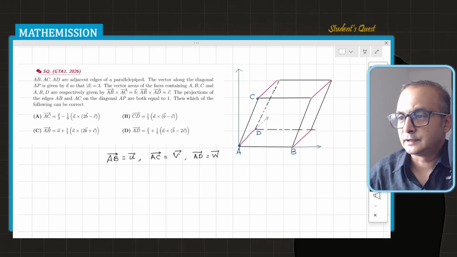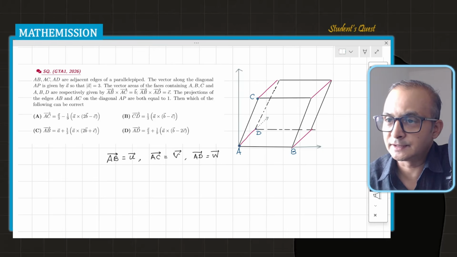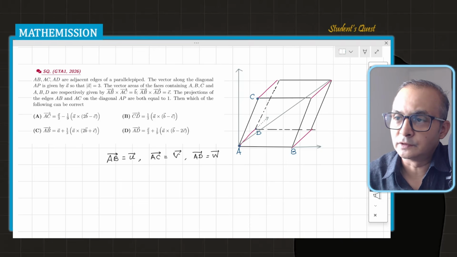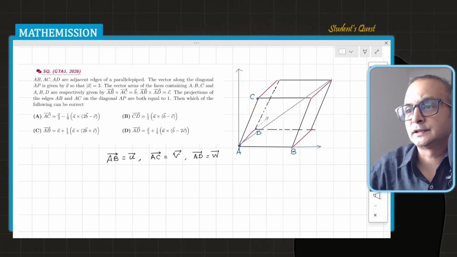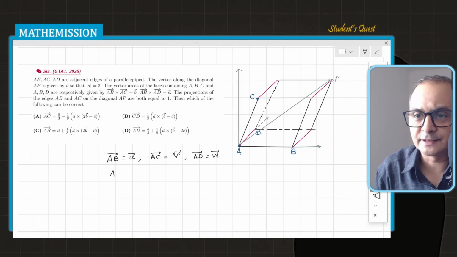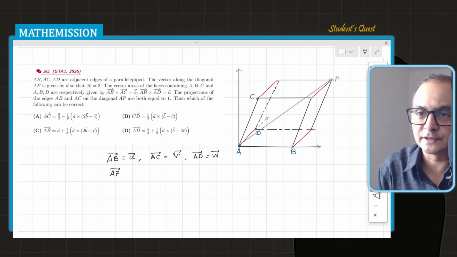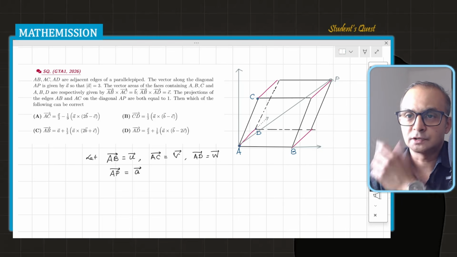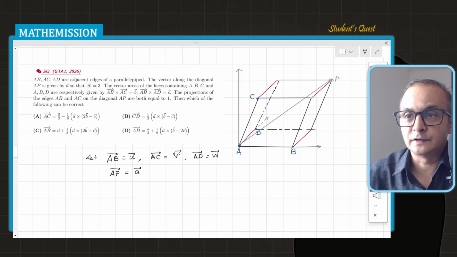And this is the diagonal vector. So I'm joining this A to this corner, let's say this point is P. So I have the AP vector, which is already given as the A vector. Now let's go to the other information.